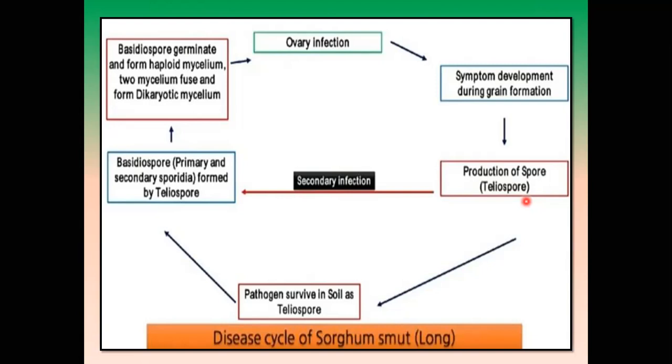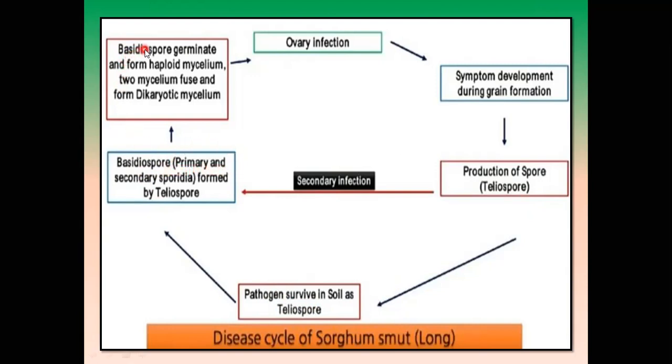So these grains may become debris in the soil, meaning the teliospores survive in soil for a number of days. After favorable conditions, these teliospores germinate and produce the basidium. So at the tip of the basidium, a 4-celled promycelium is produced.